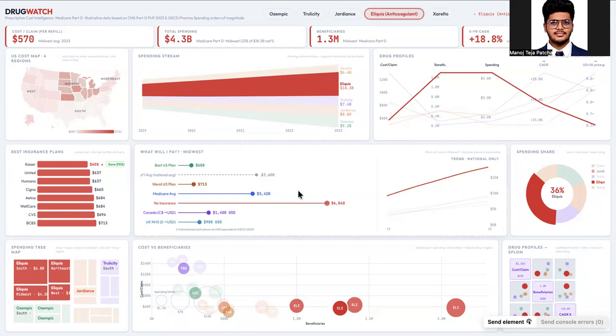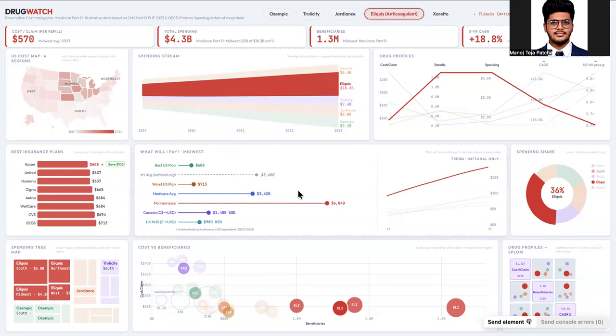This also compares international disparities for analysts and researchers in order to track the spending and see where they could save and reduce the burden to the customers. This can be used by customers, analysts, researchers, or even the person manufacturing the drugs to decide where to advertise the drug, and so on.